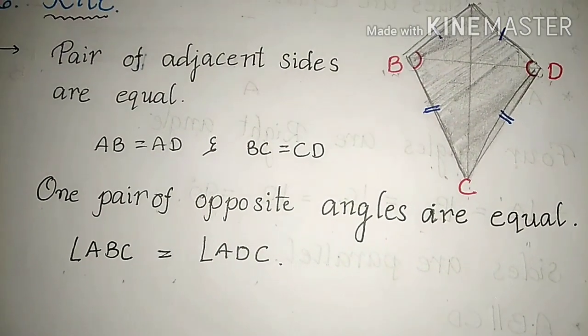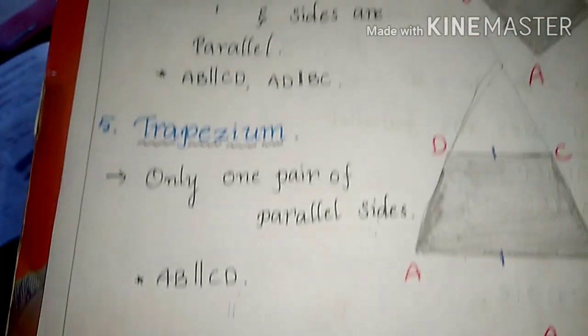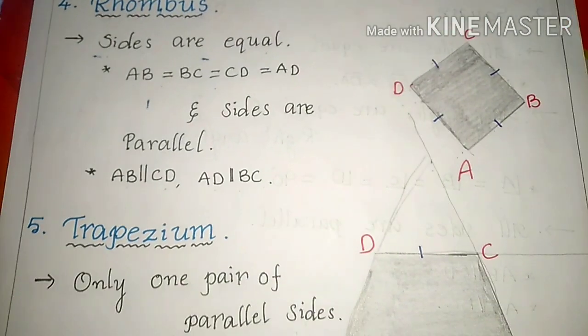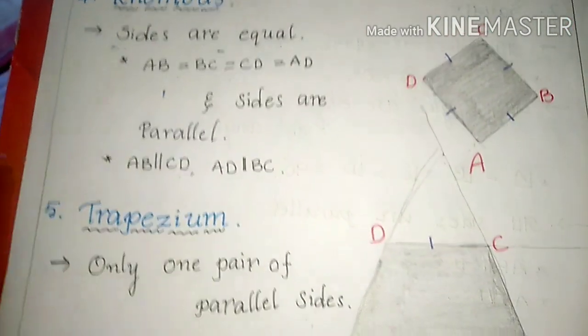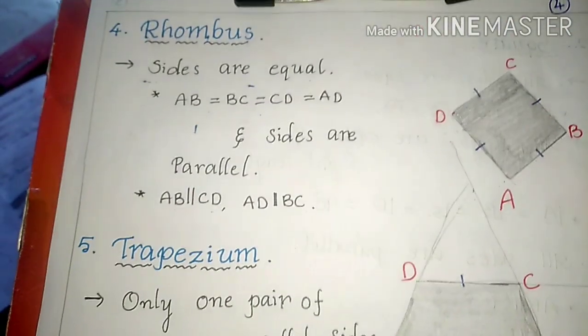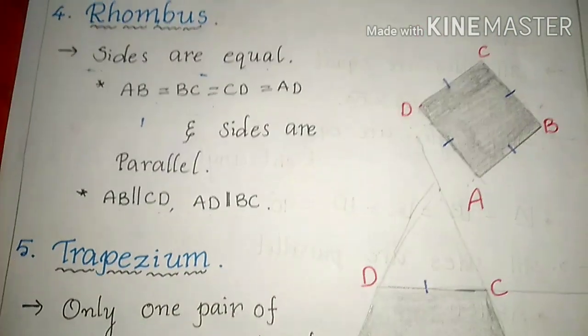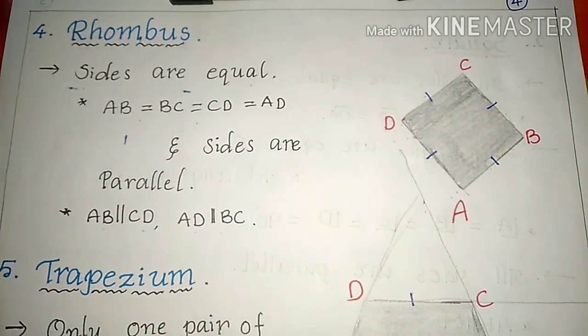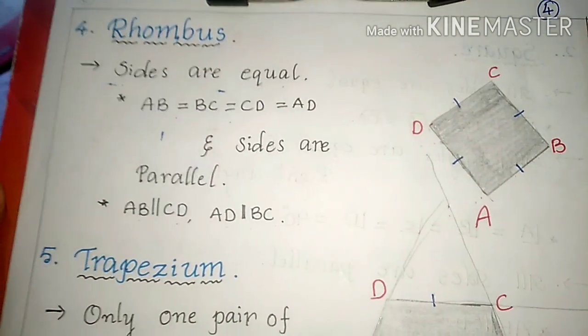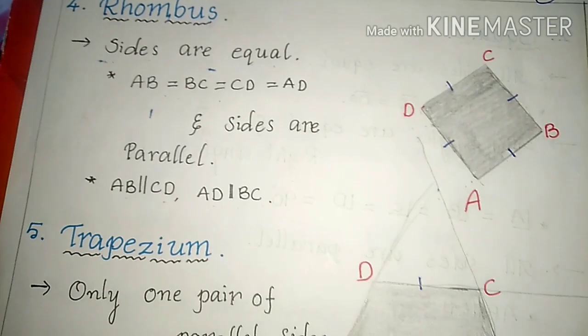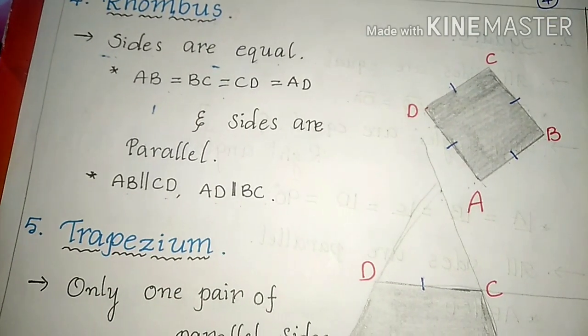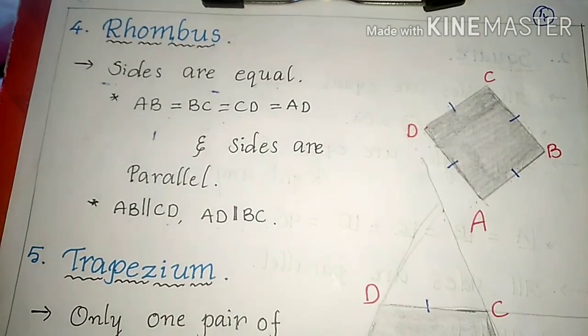So these are the properties of quadrilaterals. Okay children, I hope you understood the properties of quadrilaterals. We already learned them in the 7th class, and this chapter on quadrilateral figures also covers them. So the topic of quadrilateral properties is completed.